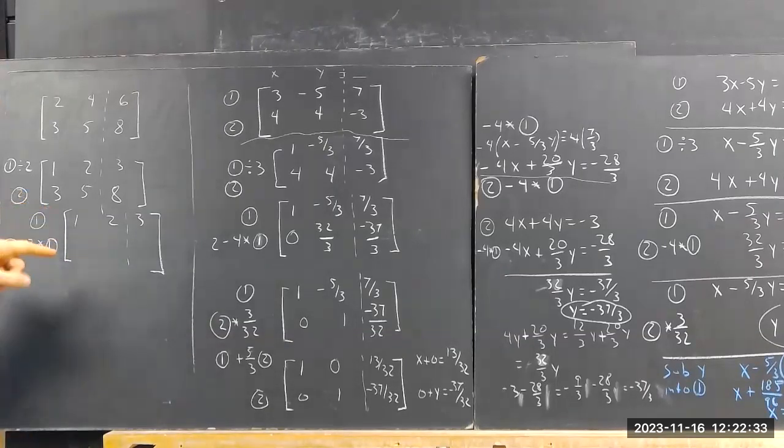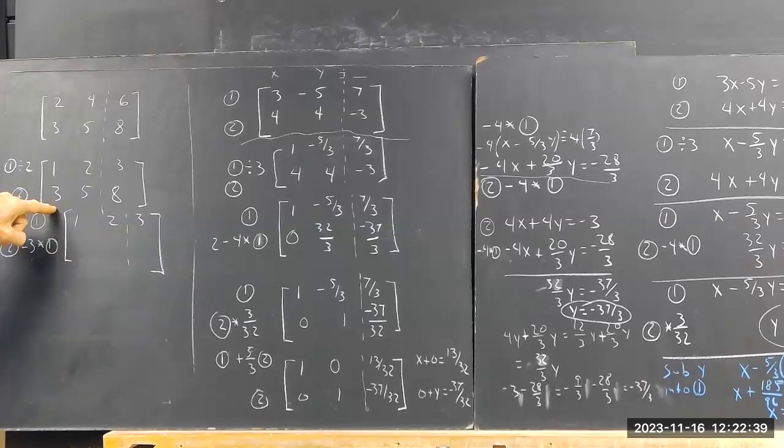Okay. So look at my numbers here and hold up your fingers. If I take this number and then minus 3 times this number, what do I get? This is 3, right? What's 3 times this number?